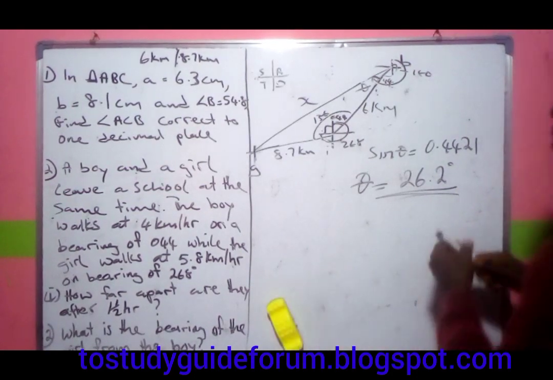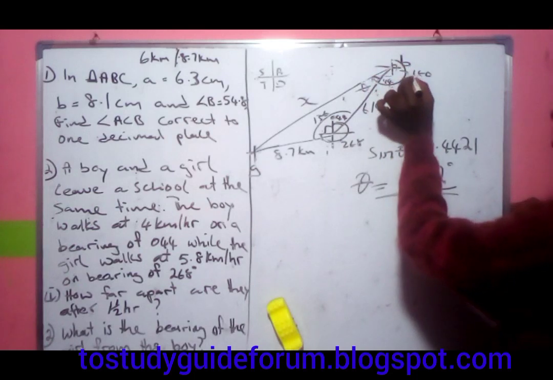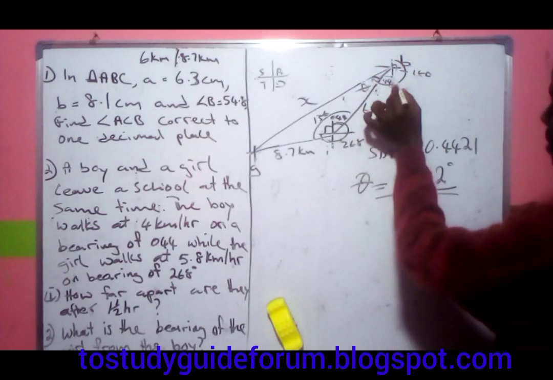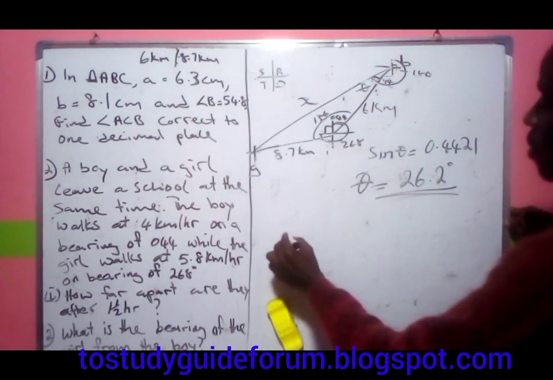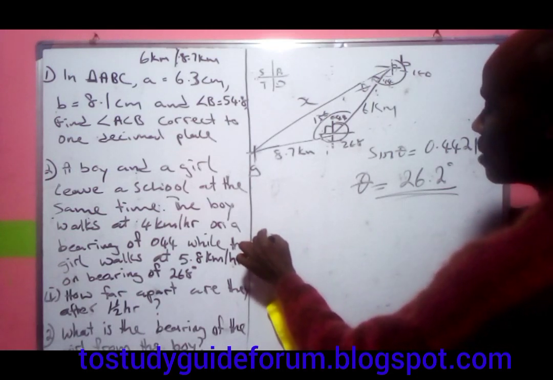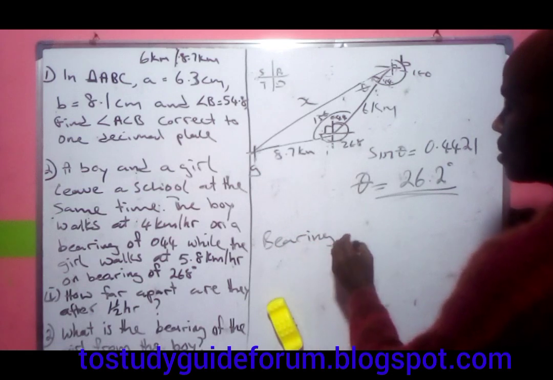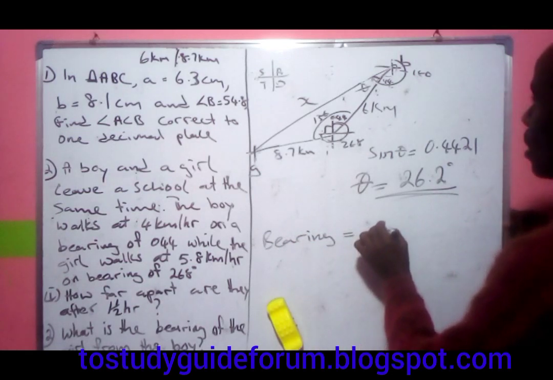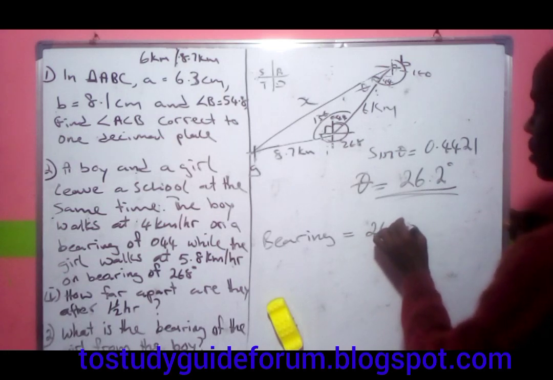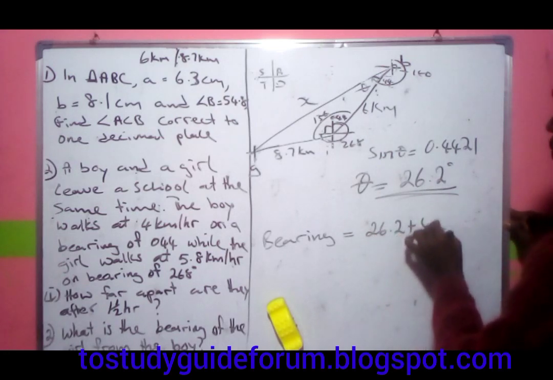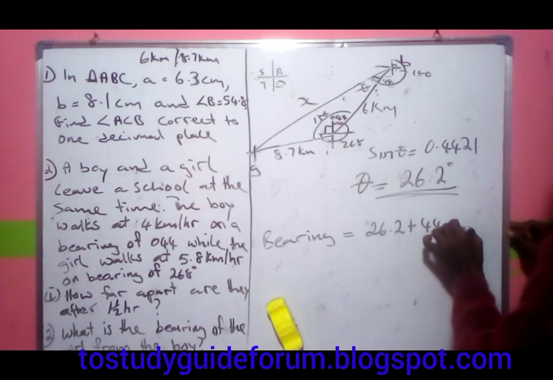What we do here is remember, here is 180, and here is alternate to that. So the bearing is 26.2 plus 44 plus 180.